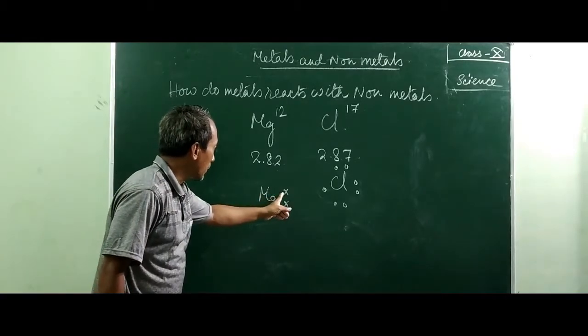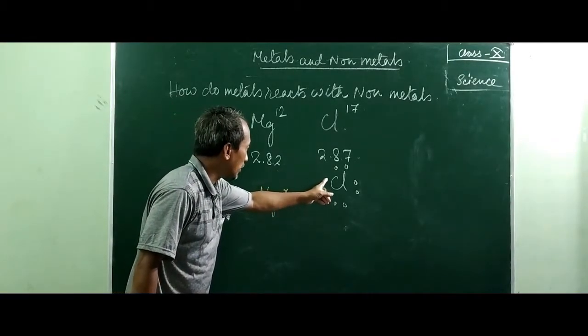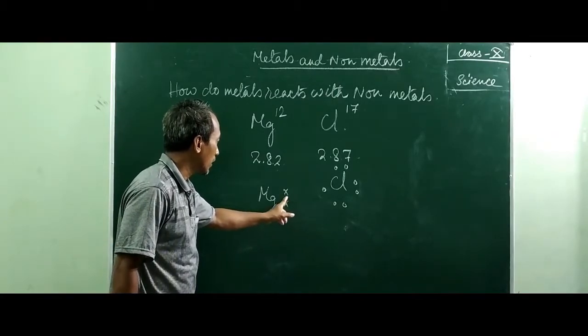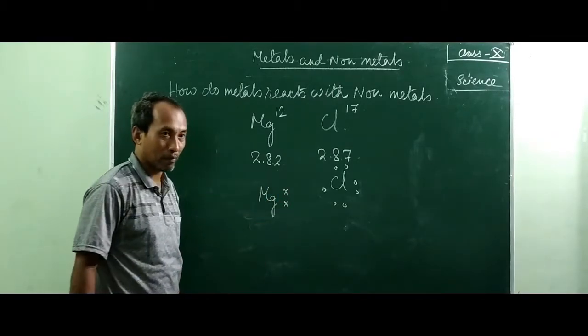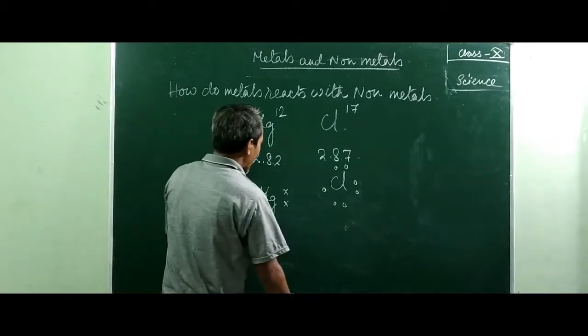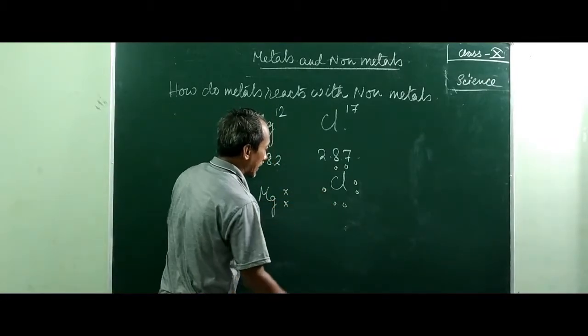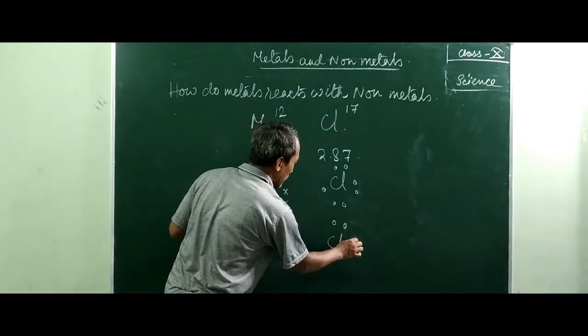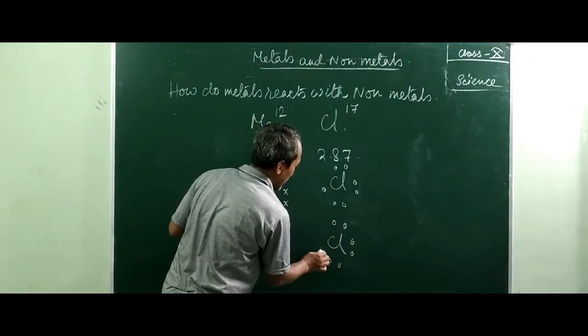Here magnesium will donate 1 electron to chlorine, but what will happen to the extra electron of magnesium? Magnesium will combine with 2 chlorine atoms, so 1 more chlorine atom will be required. Here 1, 2, 3, 4, 5, 6, 7.